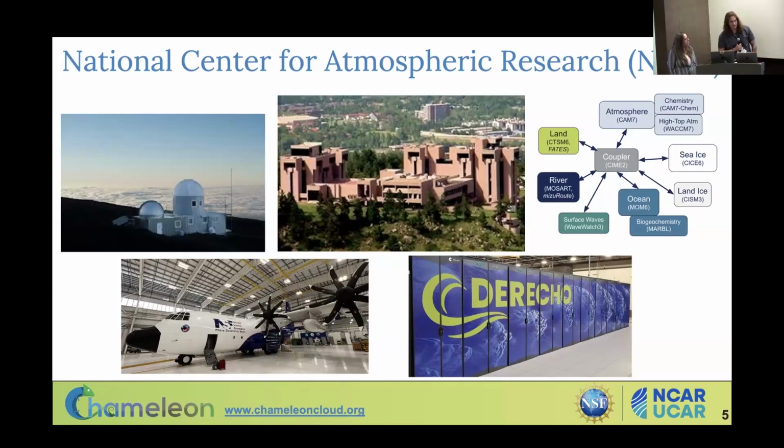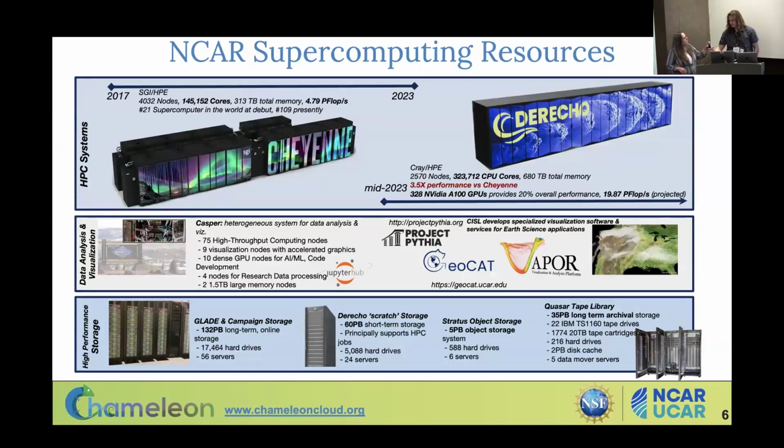And then we also have MPAS, which was recently adopted by NOAA for the National Weather Service forecasting, which is pretty cool. But all of this is possible because of the Computational and Information Systems Lab here at NCAR, which runs our supercomputers up at the NCAR Wyoming Supercomputing Center. And I will let Jeanette tell you a bit about that.